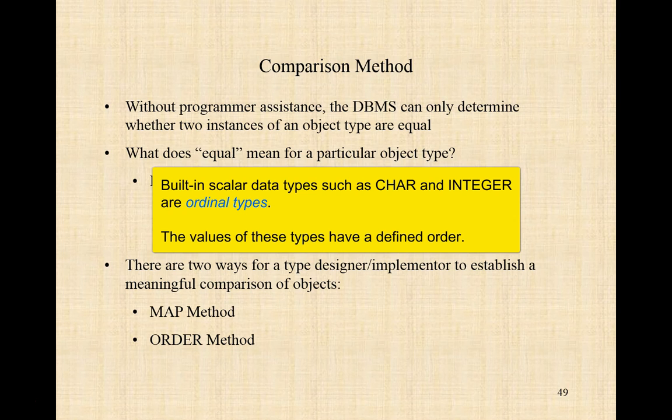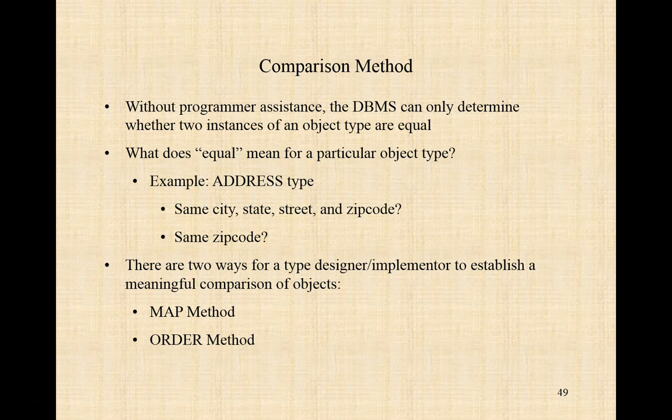In some programming languages, these data types are referred to as ordinal data types because each value resides in a particular position or order among all of the values of that type. An object type such as address could have multiple attributes of various data types. So this means there's no predefined basis for comparison. So when we consider the meaning of equal, this is an issue in dealing with objects in any environment, not just a database.